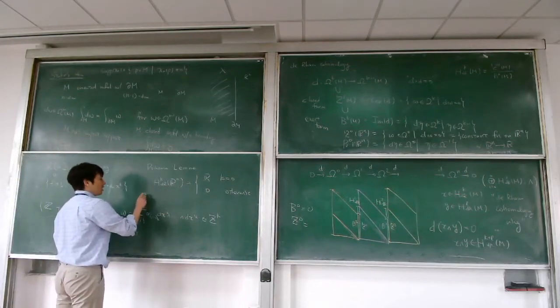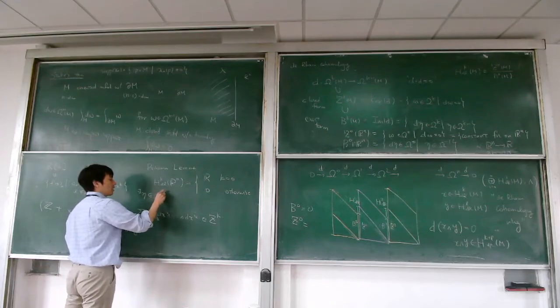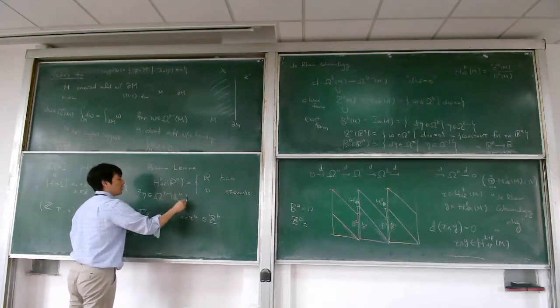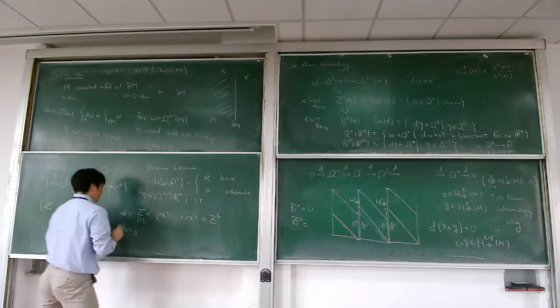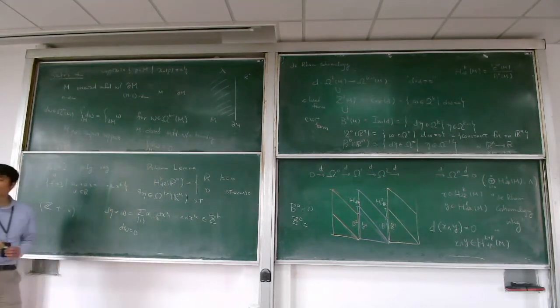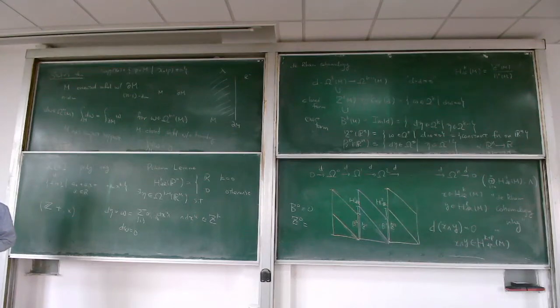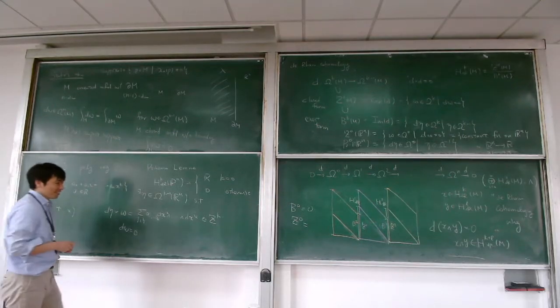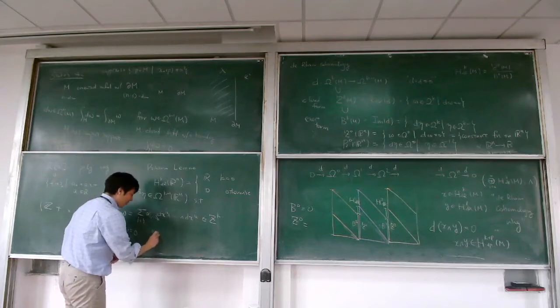What I meant is there exists eta in Omega^(k-1)(R^n) such that d eta is equal to omega. That's what the Poincare lemma says. Can you find the eta? It's very simple. Eta can be something like this one.